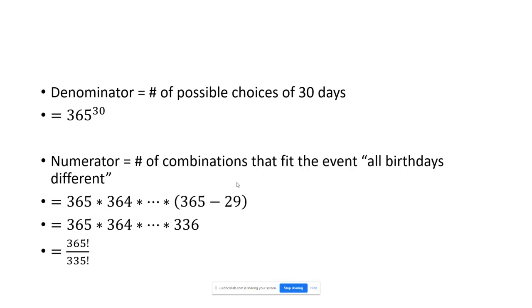Or thinking about this in terms of the permutation formula that we saw in the previous slide, this is 365 factorial divided by 335 factorial. So we're taking all of the possible values, 365 times 364 times ... times 336 times 335 ... down to 1.